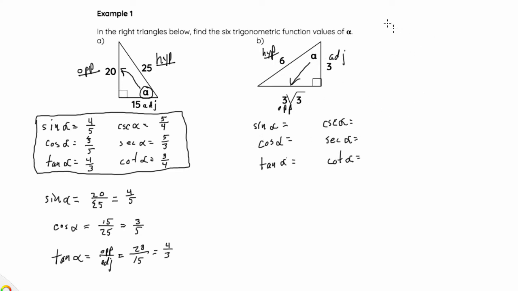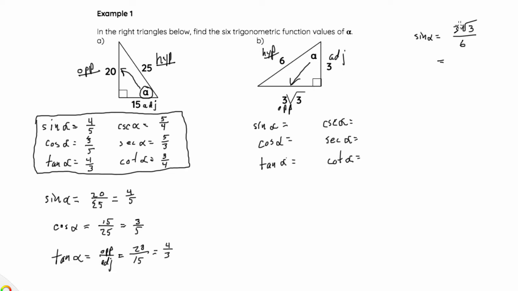Okay, so sine. Let's do some work here. The sine of alpha is the opposite side, which is 3 root 3, or 3 times the square root of 3, over 6. And we're always looking for things to reduce. Now, you cannot touch a number that's inside a radical and outside, but you can touch two numbers that are outside.